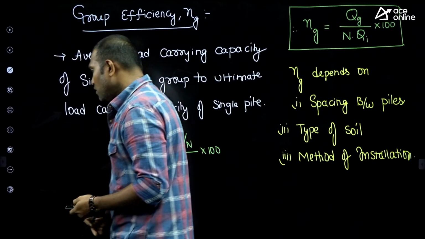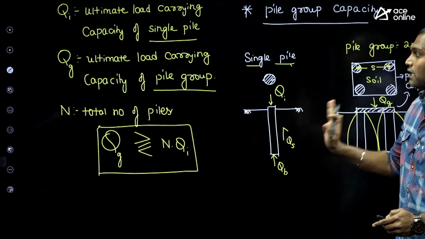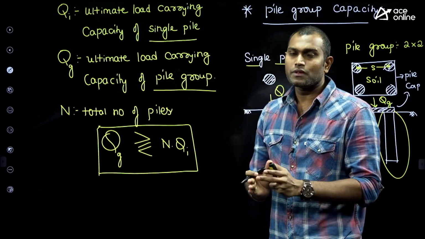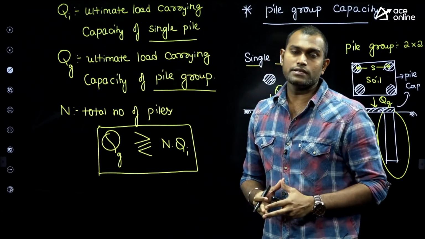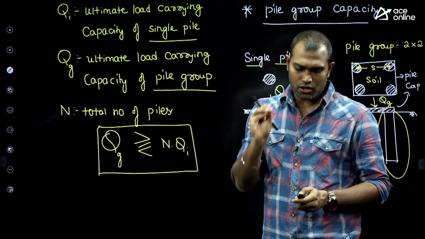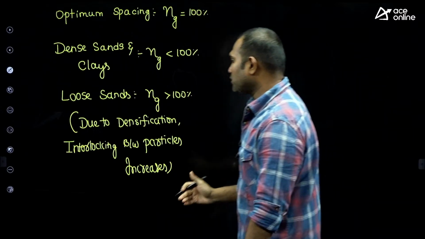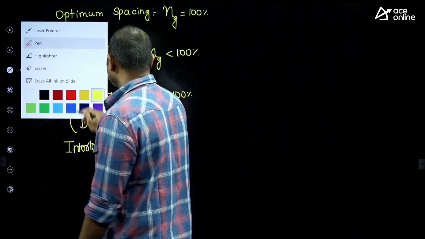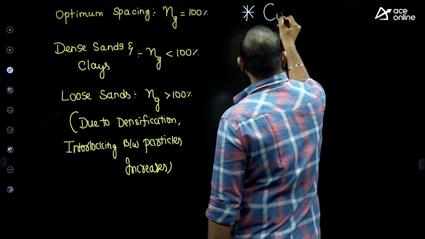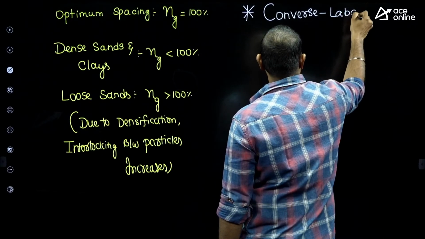If you don't know the soil properties, just by knowing the pile dimensions, there is one formula to determine the group efficiency. So what is that formula? That formula is known as the Converse-Labarre formula.